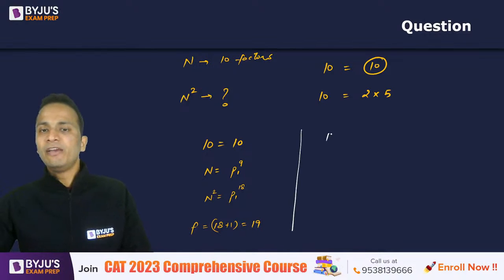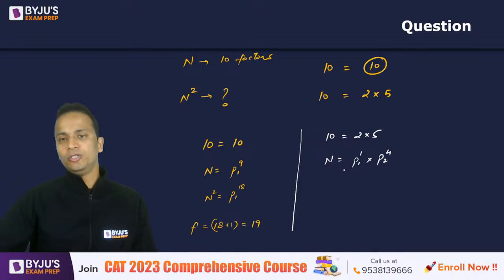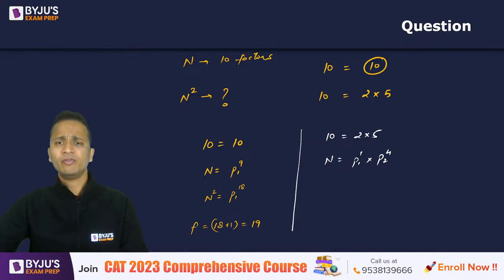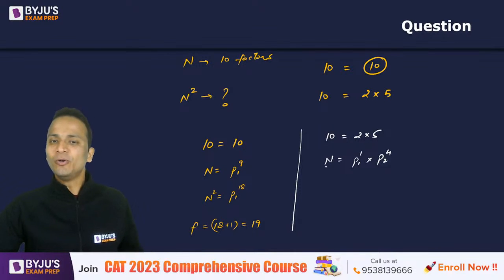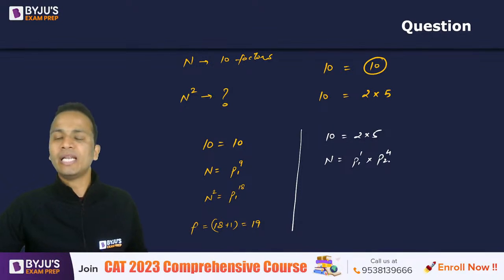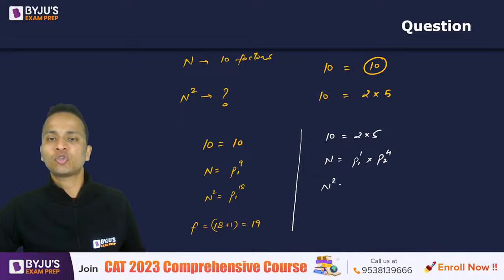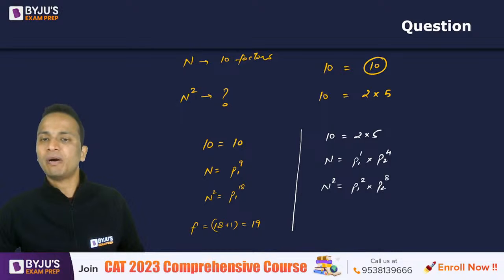So this is one value for the number of factors of this number. If I write 10 as 2 multiplied by 5, the number can be written as p1 raised to the power 1 multiplied by p2 raised to the power 4. If this is the general form of the number, we add 1 to each of these powers. 1 plus 1 is 2, 4 plus 1 is 5, and we obtain the number of factors as 10, right? So if n is p1 raised to the power 1 and p2 raised to the power 4, n square will be p1 square into p2 raised to the power 8.